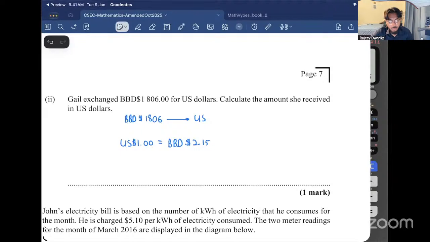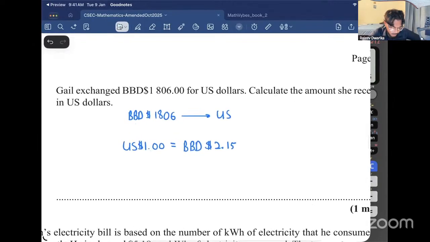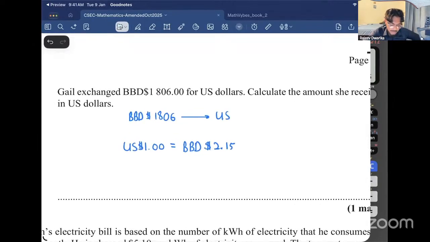You could always find for 1 first. Okay, no problem. So we know $1 is equal to $2.15 BBD.